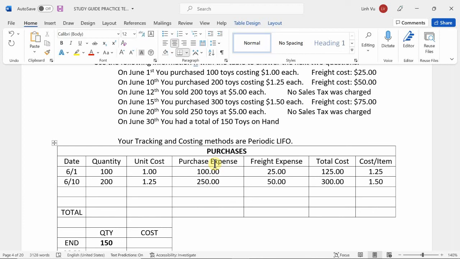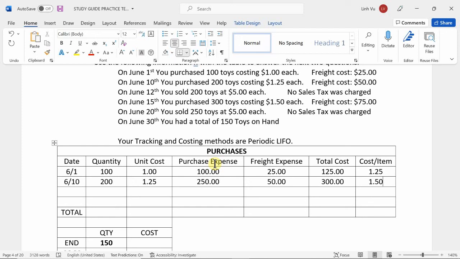Which tracking method are we doing? Periodic. So when do we actually keep track of our sales?